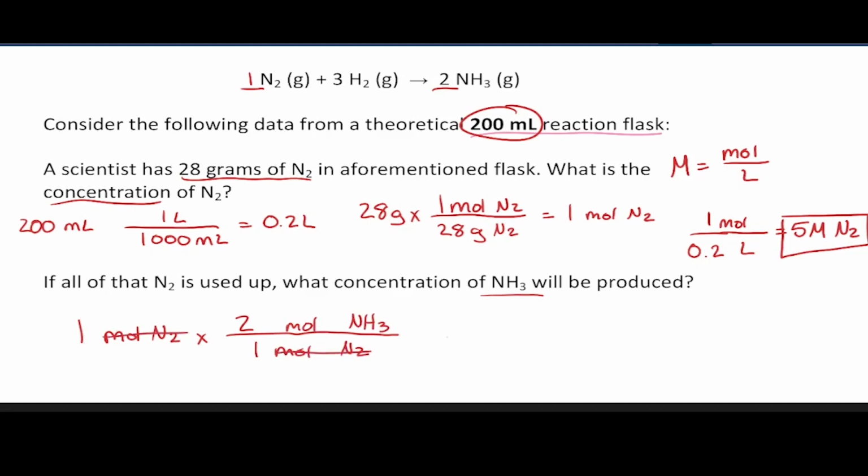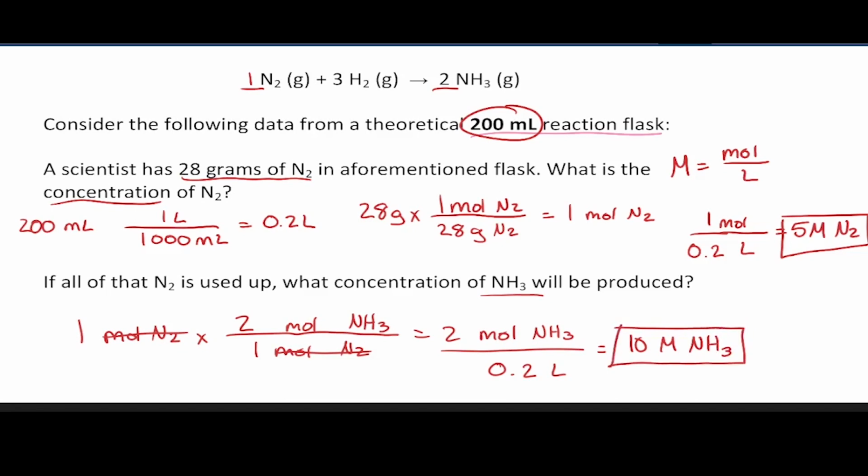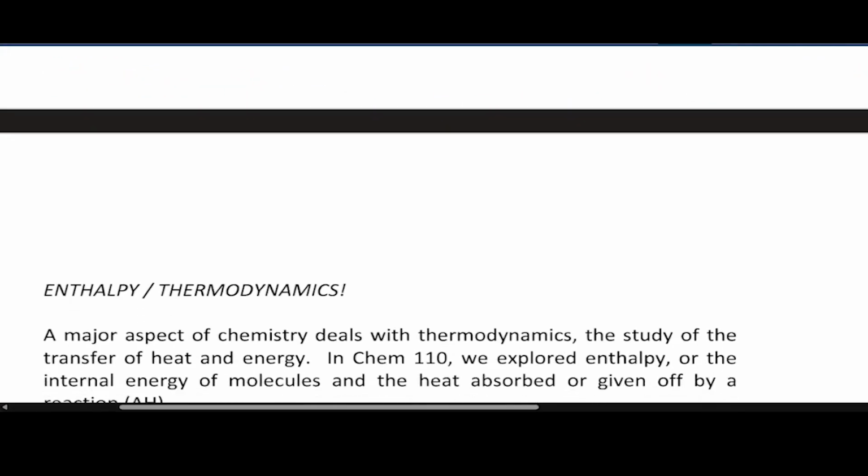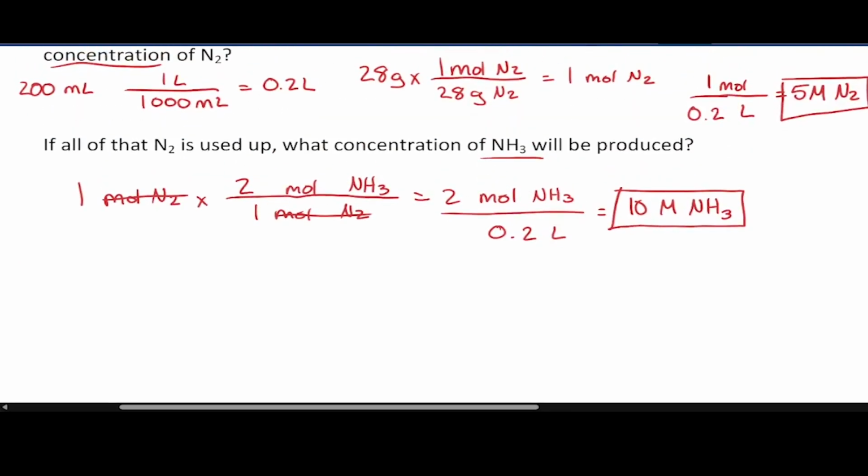Now these cancel out, and I'm left with 2 moles of NH3 in the same reaction flask, so I still need to divide by that 0.2, which affords me a concentration of 10 molar NH3. Cool. Let's go on to the next problem.